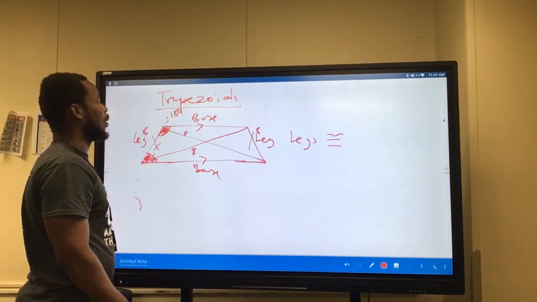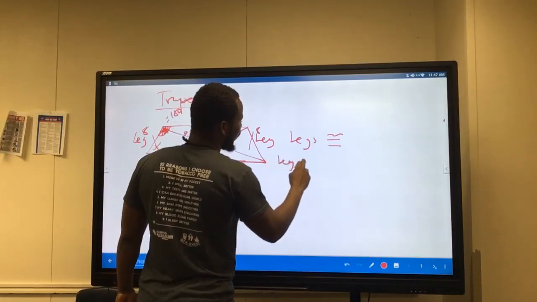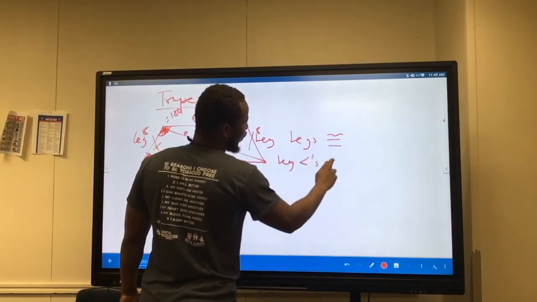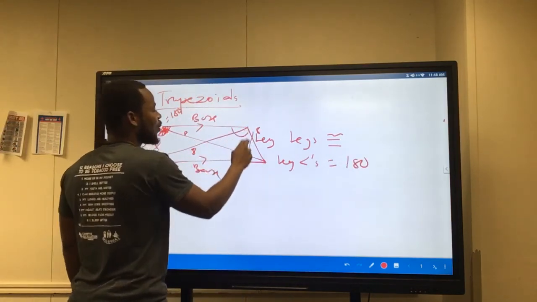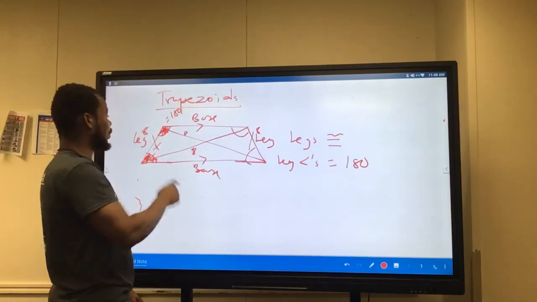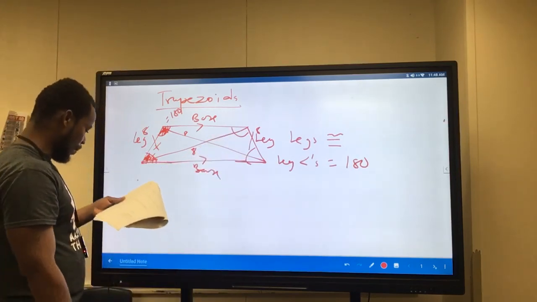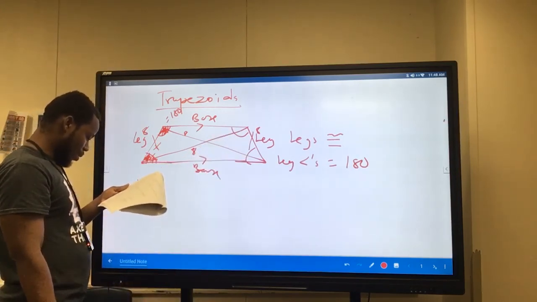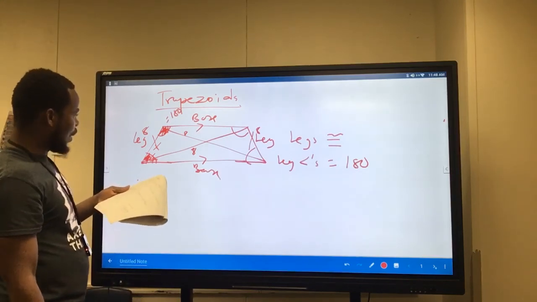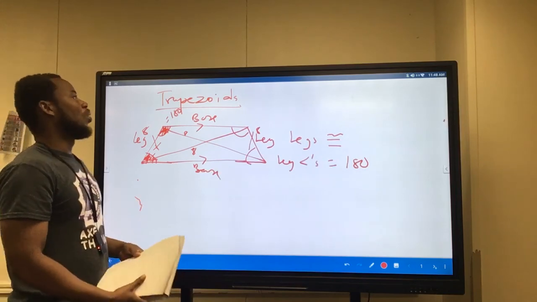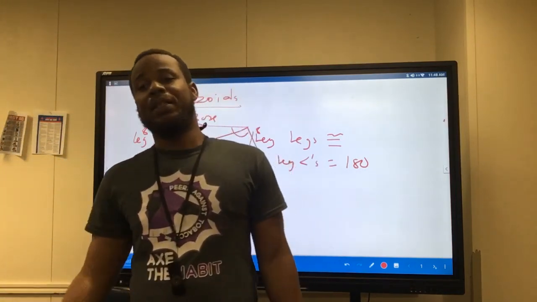So leg angles add up to 180. That means that this and this also, think about it: if this and this is 180, this and this is also 180. Basically, that's it. So this is a trapezoid, and those are the properties of a trapezoid.